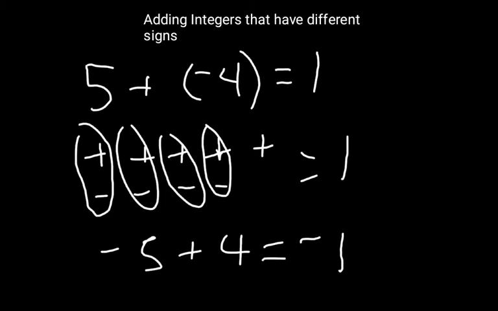Or if we take this example, think about money. You have $4, but you owe your buddy $5. So you basically have 1 less dollar in your account than you do assets. So you're a negative 1 in the hole. After you give away these $4, you still owe $1.